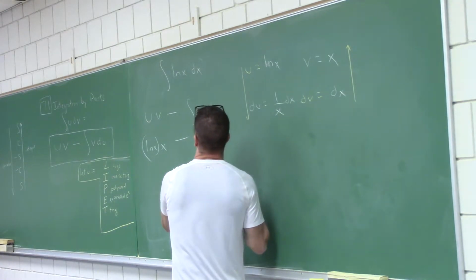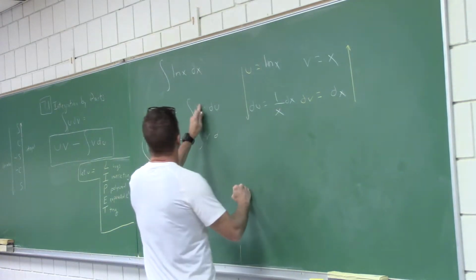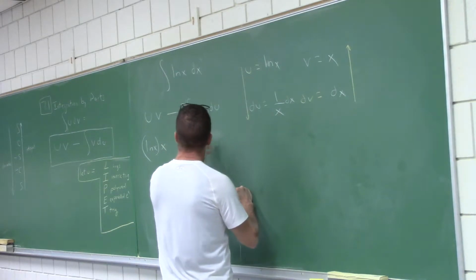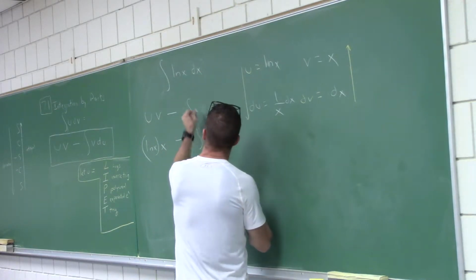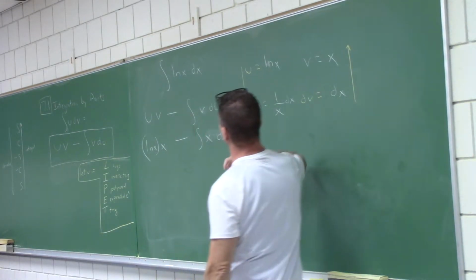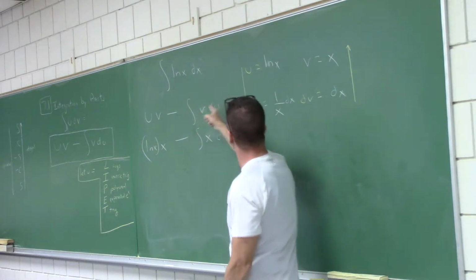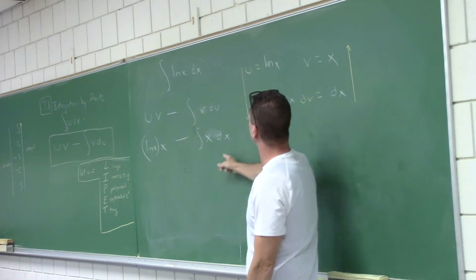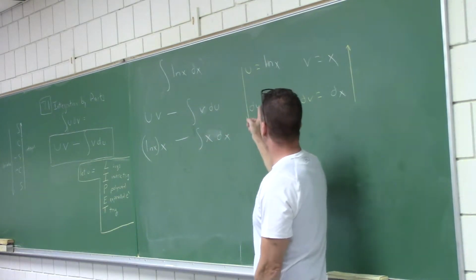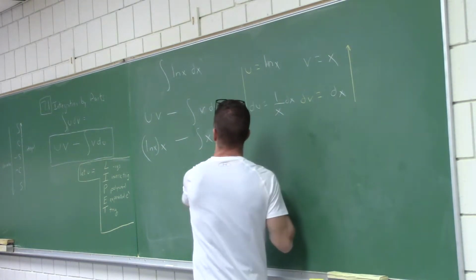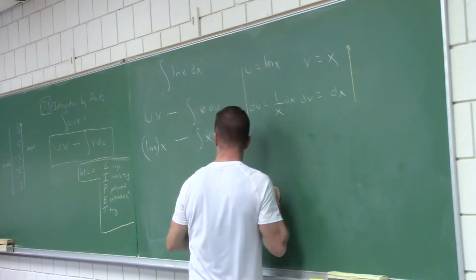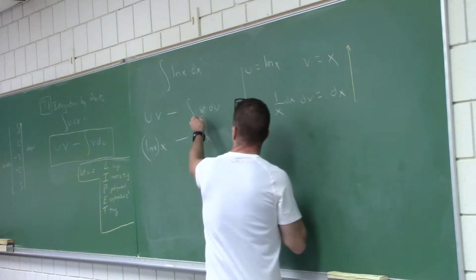We've got uv minus the integral of v du. This v was just an x. So we get natural log x times x, minus the integral of the x times du. So there's the v.